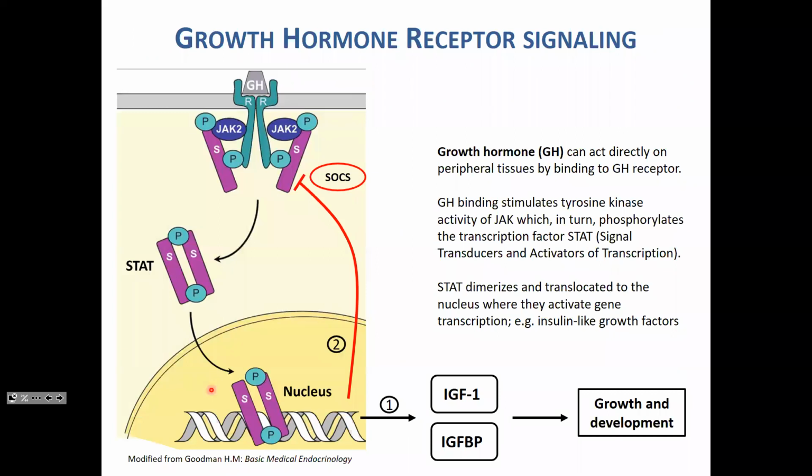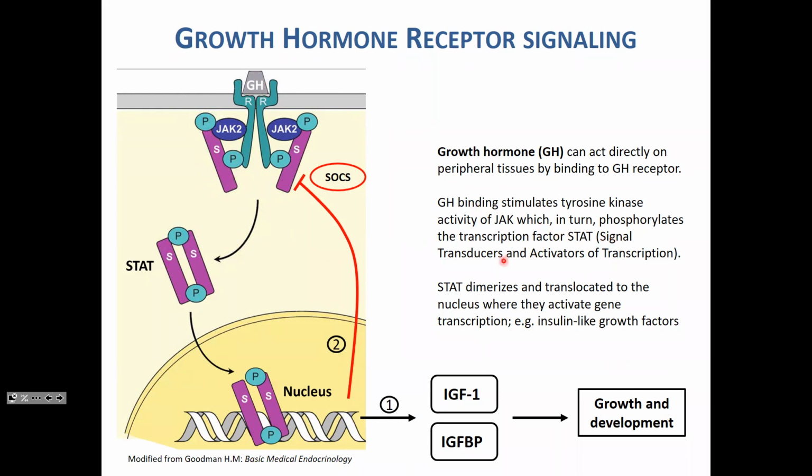Right. So how does growth hormone signal and produce a biological response? Growth hormone is going to bind to its receptor. This is a receptor-linked kinase. There are these different kinases involved called JAK, or Janus kinase. Binding of the hormone to the receptor activates the kinase, which is going to phosphorylate this transcription factor called STAT.